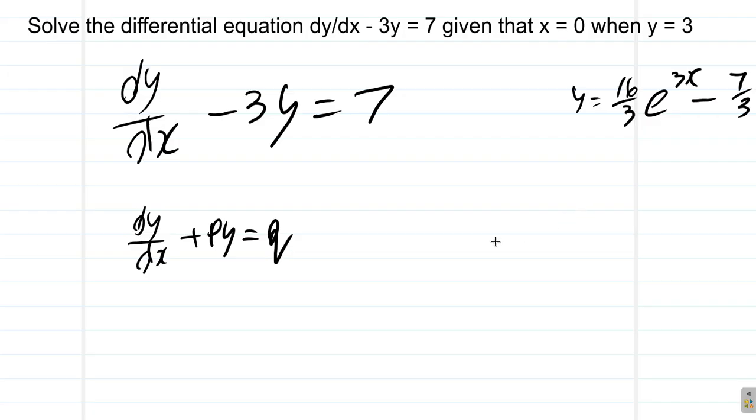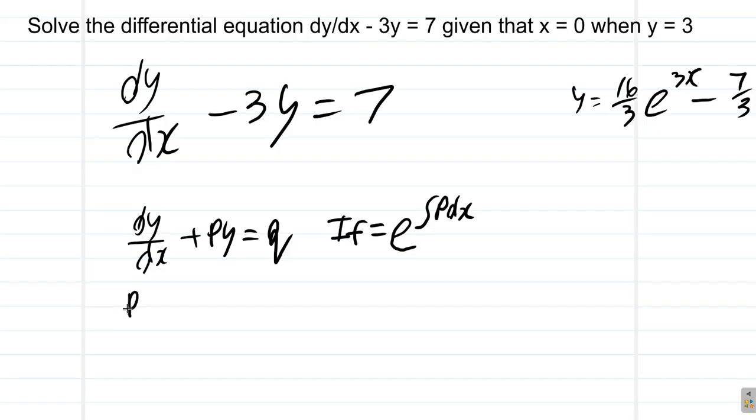Now in this case, first of all, remember the integrating factor is e to the integral of p dx. That's the integrating factor. Let's identify what we have here.